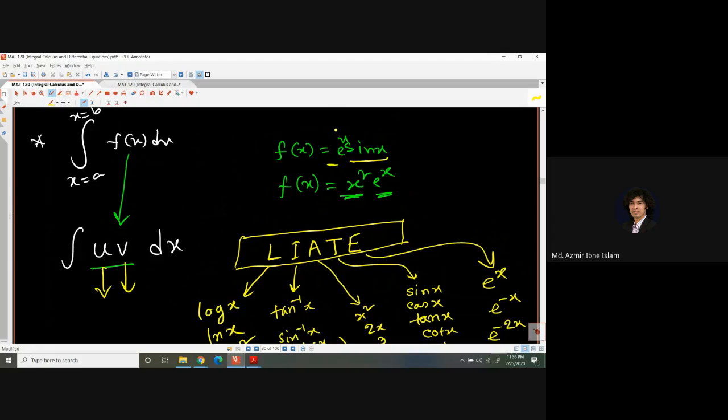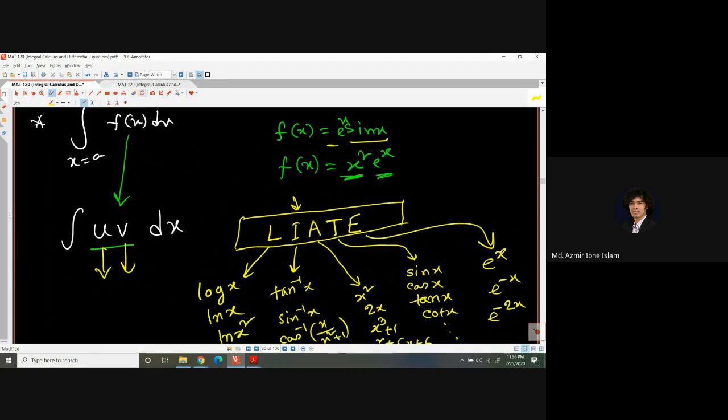Someone may consider this one as u and this one as v, or other students may take it the other way around. So confusion will arise. To remove this confusion, we can take the help of LIATE. So this is for choosing u.